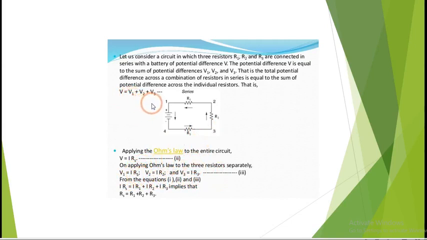V is equal to V1 plus V2 plus V3. The equation becomes I Rs is equal to IR1 plus IR2 plus IR3. When we take out I as a constant and cancel it from both sides, we get Rs is equal to R1 plus R2 plus R3. This means when resistors are connected in series, they keep adding up.